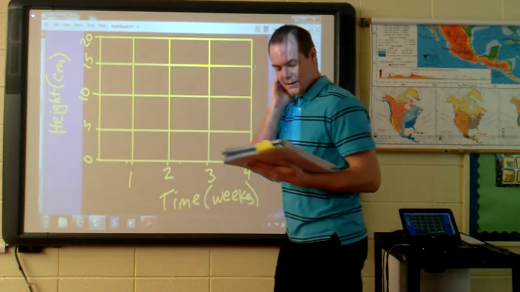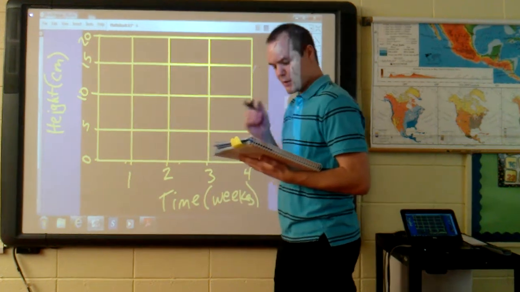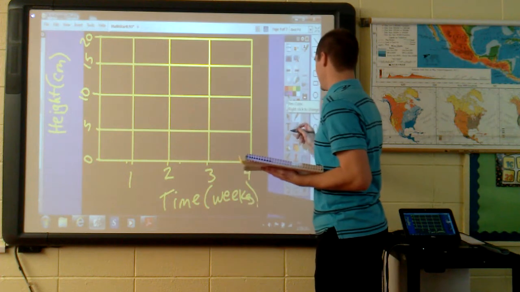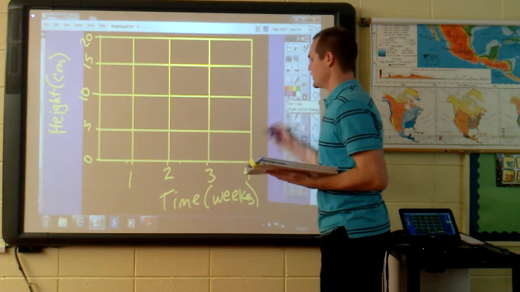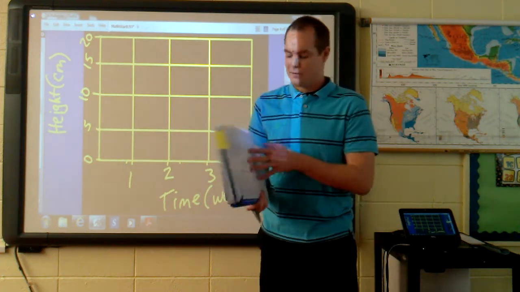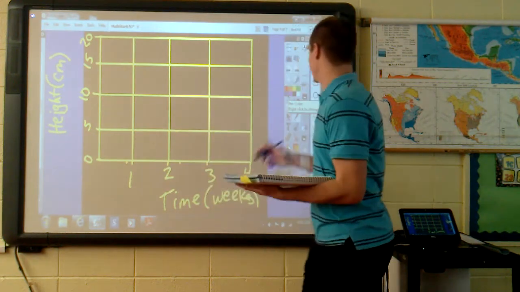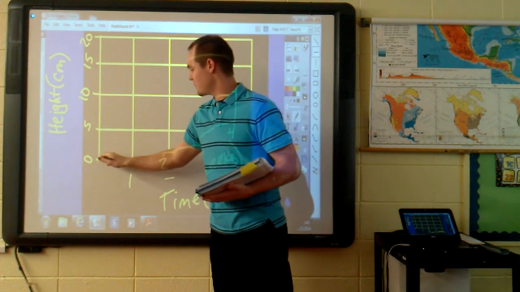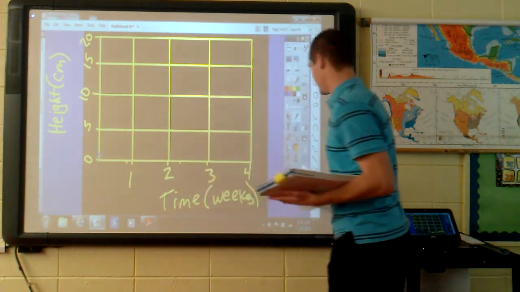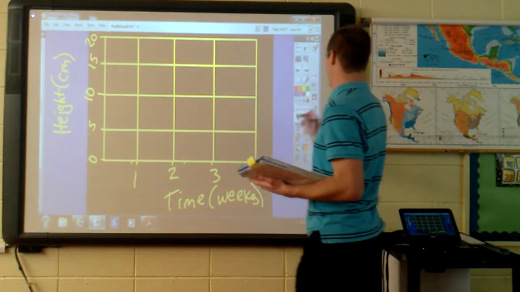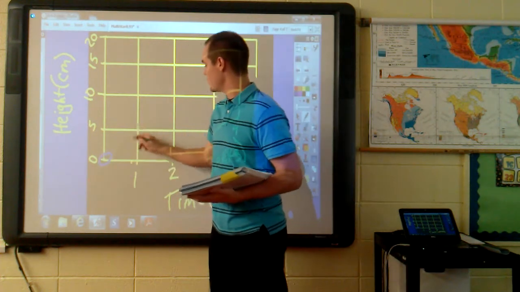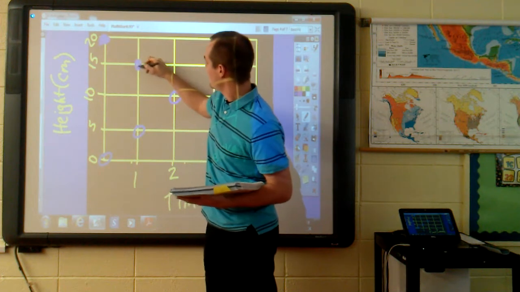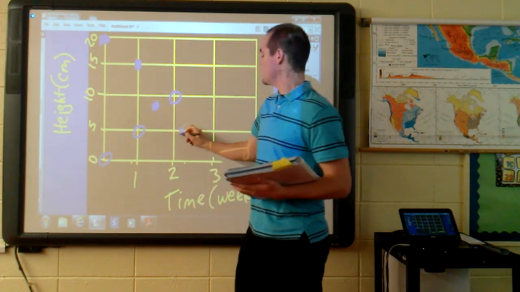Alright, and we need to have a key. So we've got Maya's seedling and Lonnie's. Off to the side, I'm going to use different colors. If you look back to page 612, they represented different pieces of information with open circles or with closed circles. And then they could see the difference in the 2 lines.